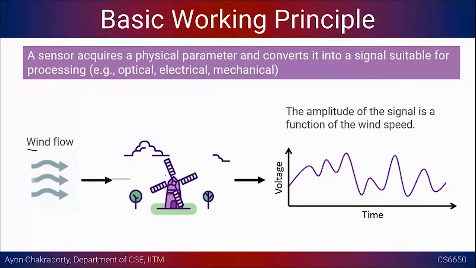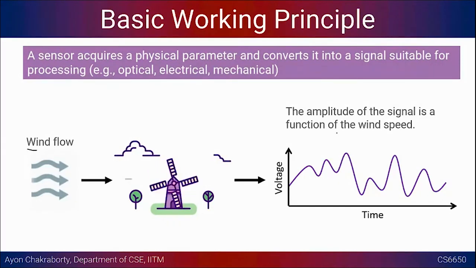How fast or how slow it is rotating, based on that angular velocity, it produces some kind of voltage as an output. So this is the transduction going on, where wind energy is converted to a voltage, and this is the variation of voltage with time on the right hand side. The amplitude of the signal is a function of the wind speed.